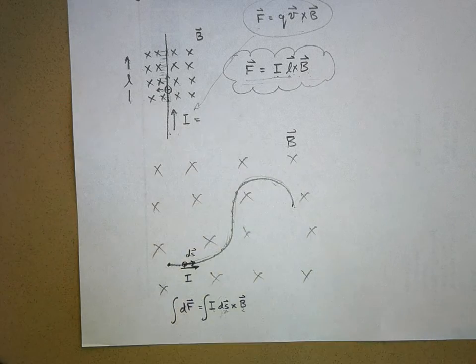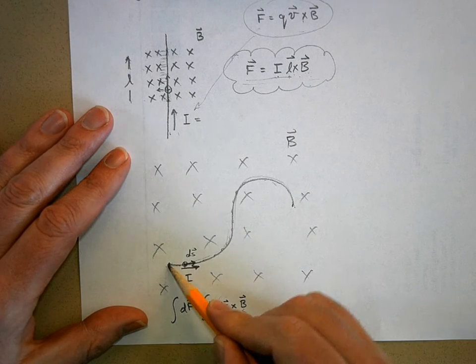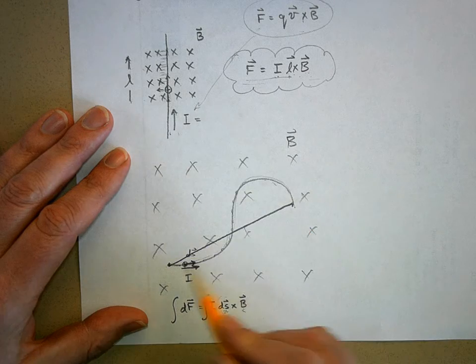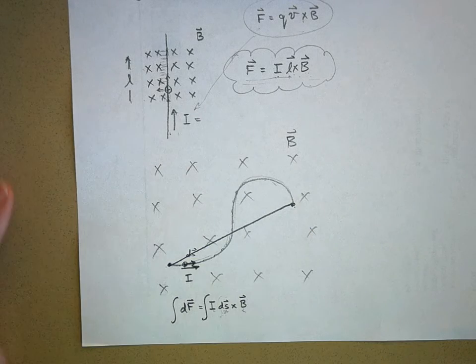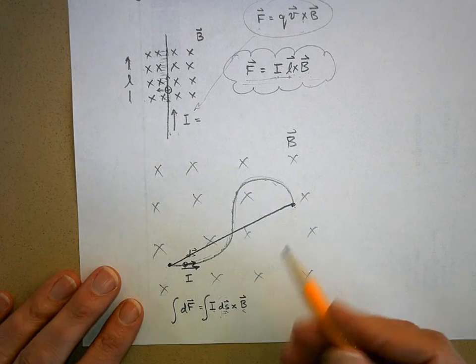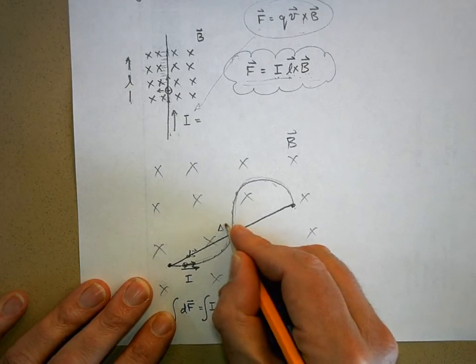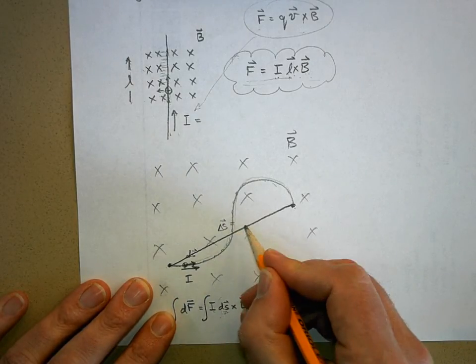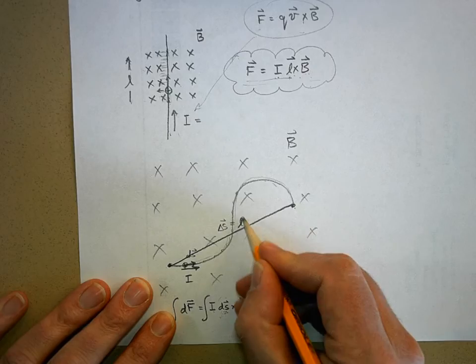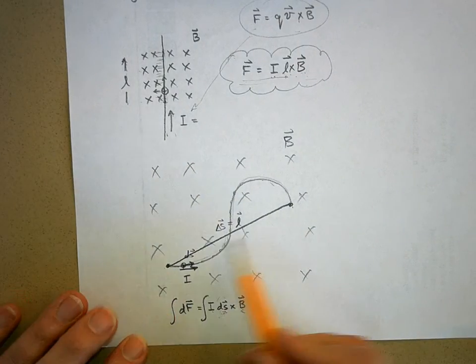I get delta s, the total displacement. Boom, winning. This is my total. This is delta s, or you can think of it as being L. So we're just going to use that.